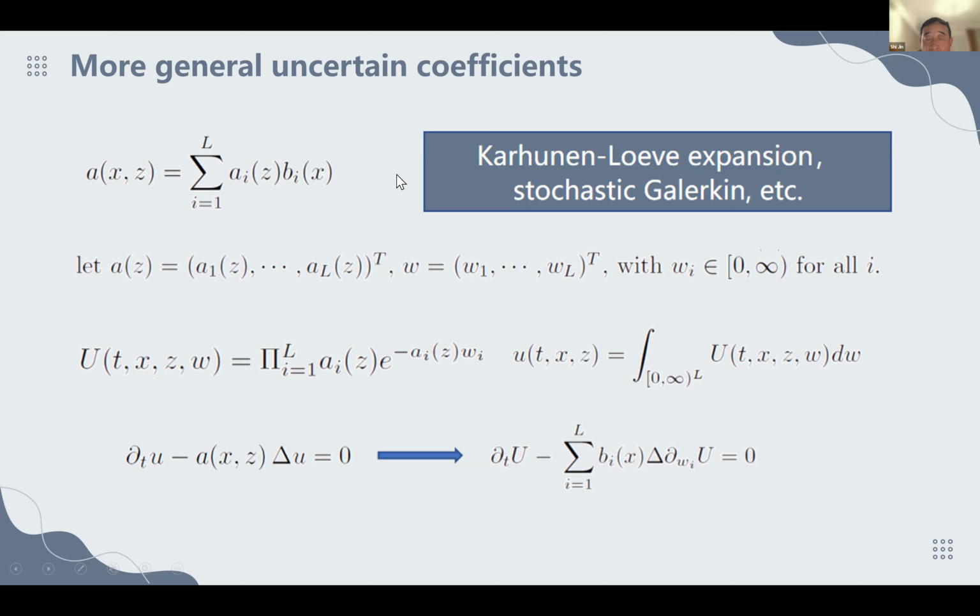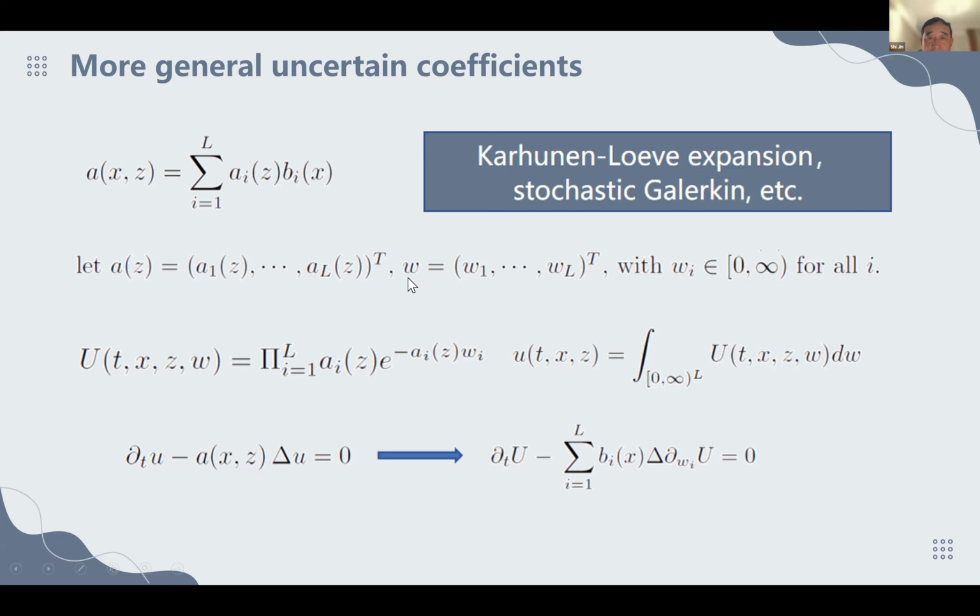For example, for any stochastic field, if you do a Karhunen-Loève expansion, you find an orthogonal basis in Z, then the coefficient only depends on X. Or if you do so-called stochastic Galerkin, and you know the distribution of Z, you just use orthogonal polynomials, from Wiener chaos calculus. You find an orthogonal polynomial that depends on Z, and then in this stochastic Galerkin expansion, the coefficient does not depend on Z. So this is as general as people in uncertainty computation do.